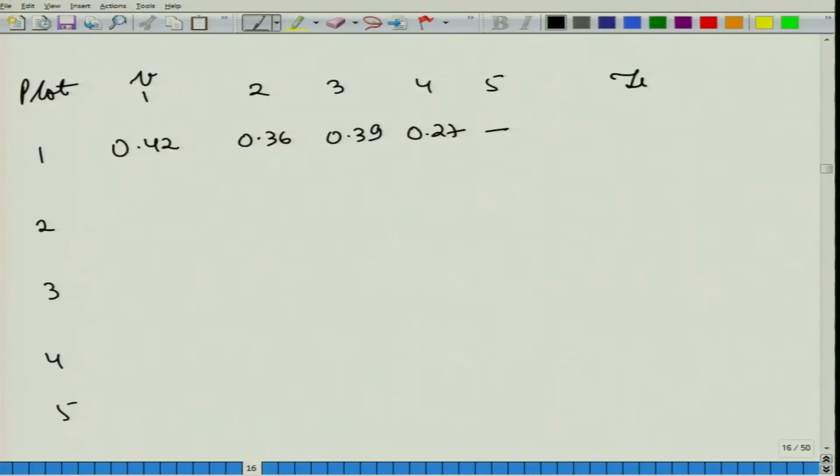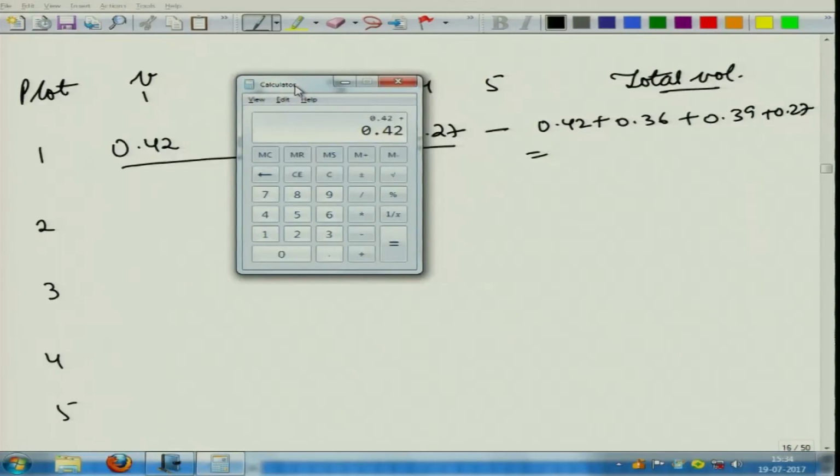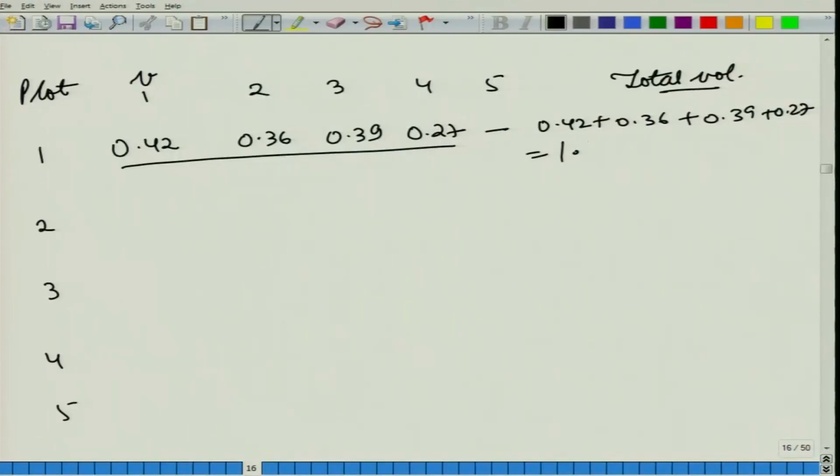So, what is the total volume for sample plot 1? It is given by the sum of these 4 values: 0.42 plus 0.36 plus 0.39 plus 0.27, which is, using a calculator, 1.44 cubic meters.